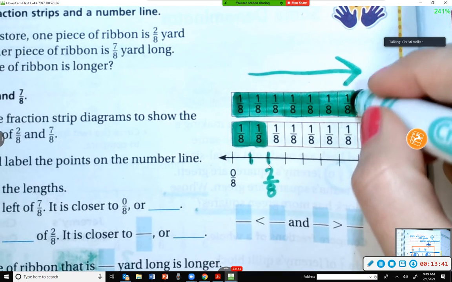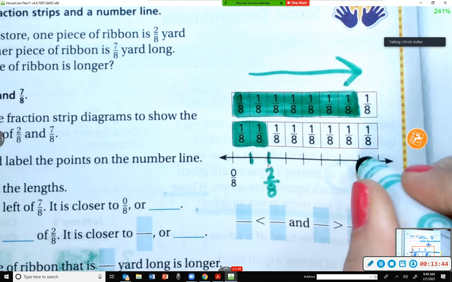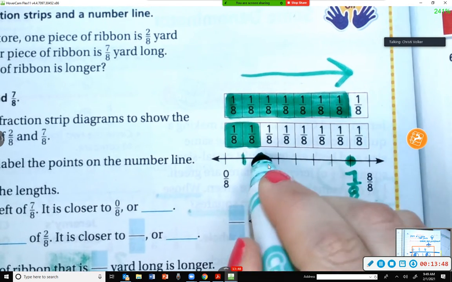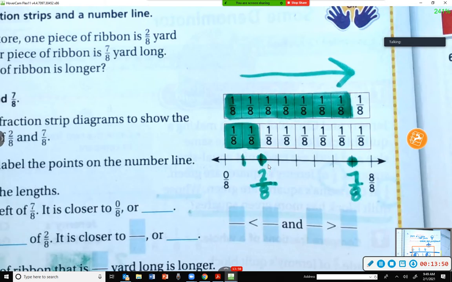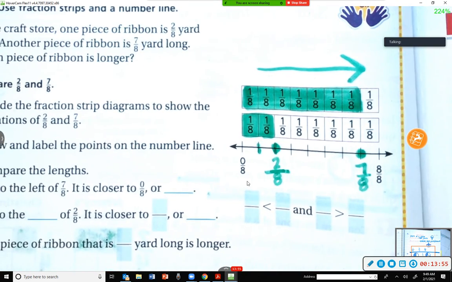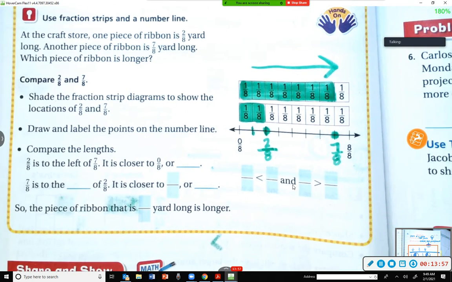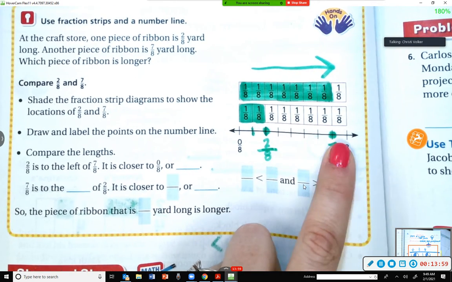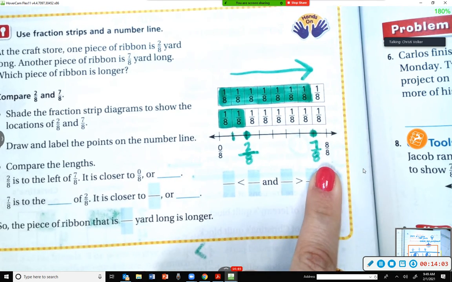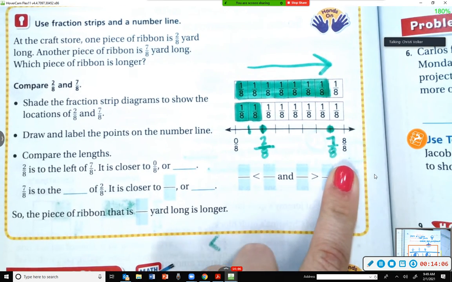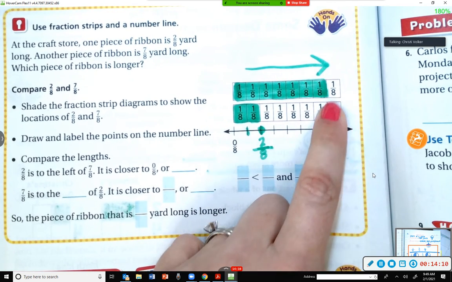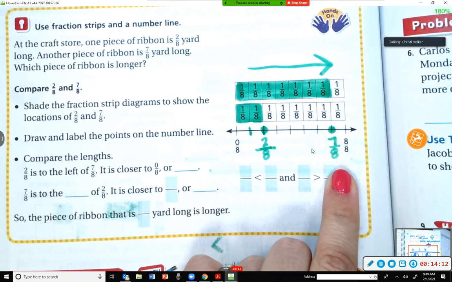Okay, and now we should label it on our number line too, right here, 7/8. Okay, so since 7/8 is further down the number line, what does that mean? It's greater. Good, Allie. It's close to a whole, right? It's not a whole. There's one piece left over, but it's really close to the whole ribbon.